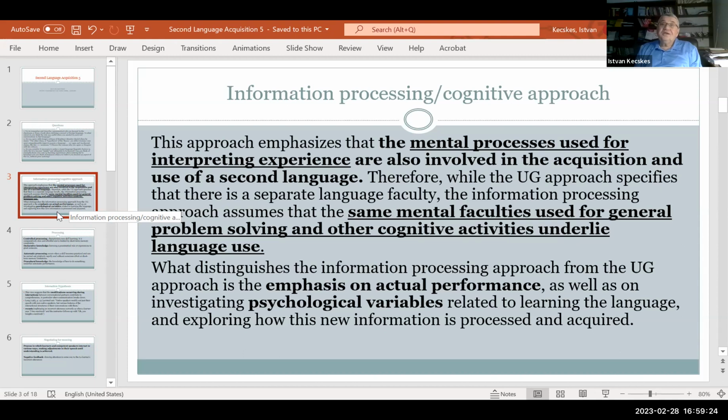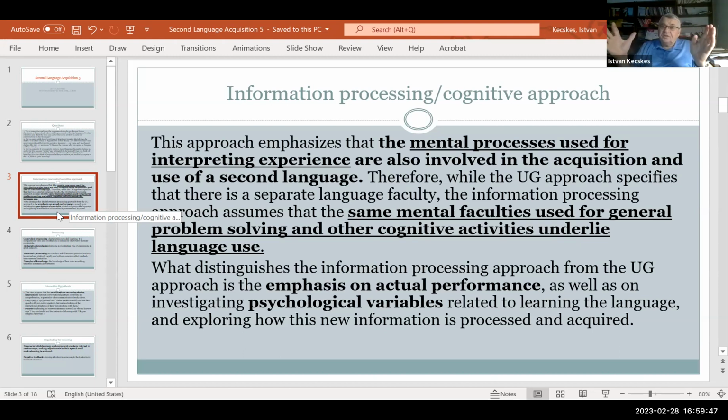So after all, it is different from the generative approach, where we say that there is a separate linguistic faculty, which is a cognitive faculty, but it is separate from the rest of the cognitive activities, in spite of the fact that there is an interaction between language and the rest of the cognitive activities.